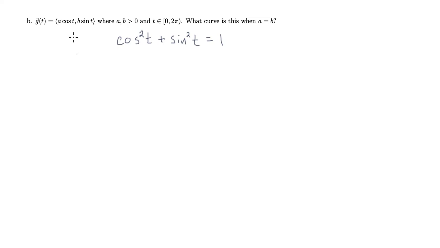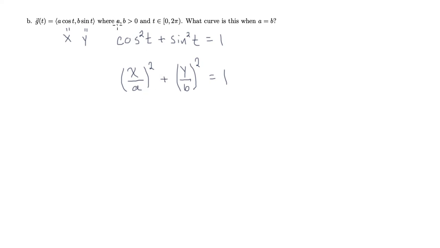Okay, but if I look here, so here's x, and here's y, both of those as functions of t. Notice that if I take x and divide by a, and then square it, that's cosine squared, and I take y and divide by b, and then square it, I get 1.